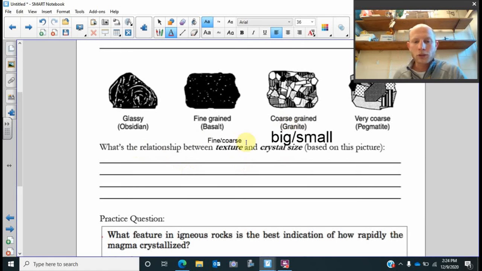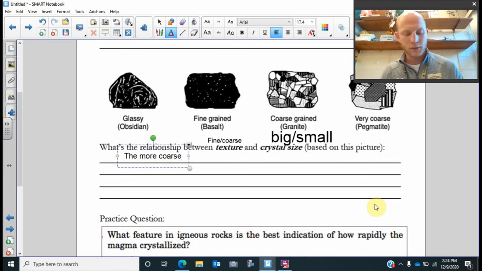And so what's the relationship between texture and crystal size? Well, it's the same. We could say that the more coarse the texture, the larger the crystals will be.